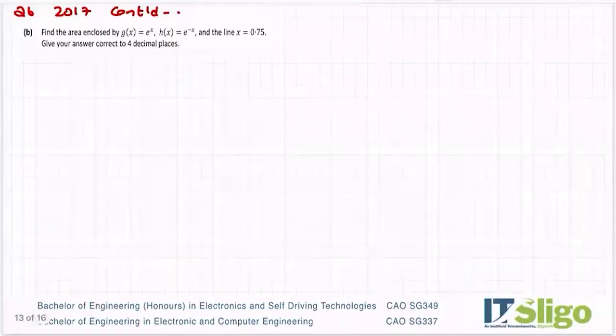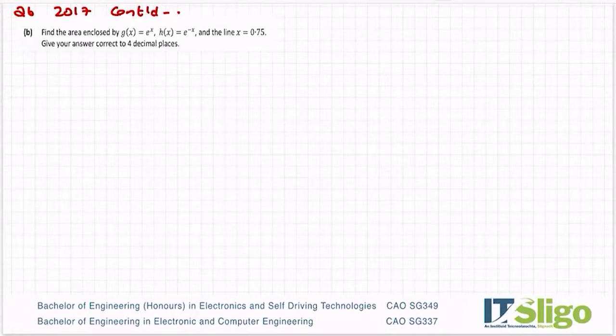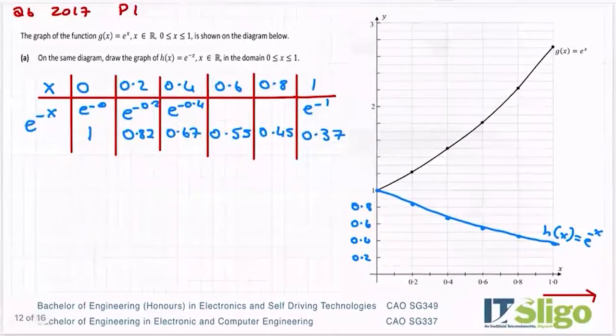Okay, B, find the area enclosed by g of x equal to e to the power of x, h of x equal to e to the minus x, and the line x equal to 0.75. Well, the line x equal to 0.75 is this line here.